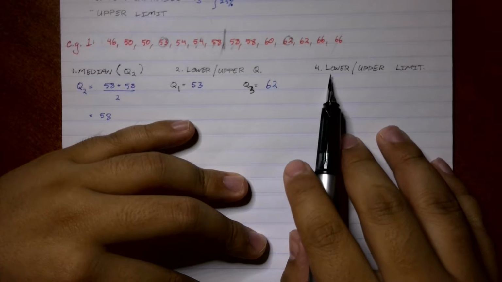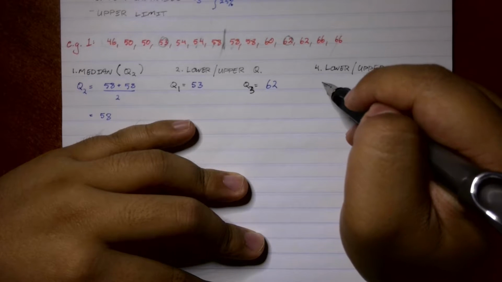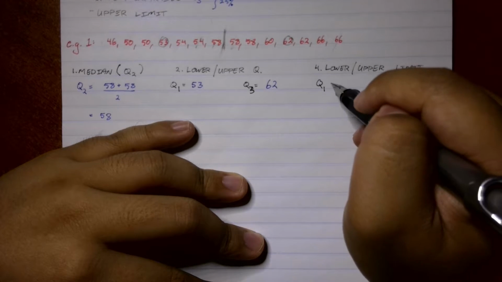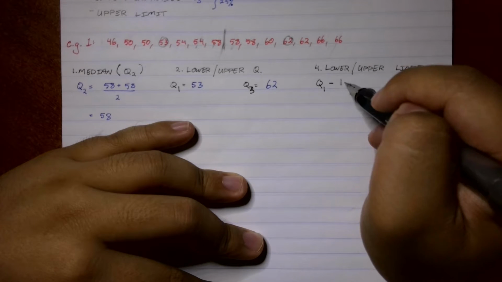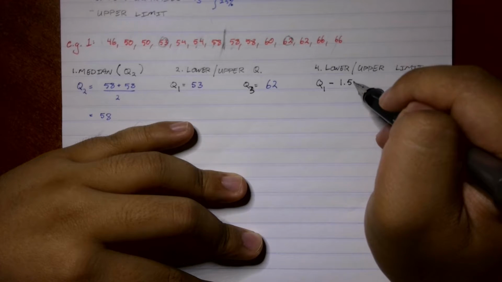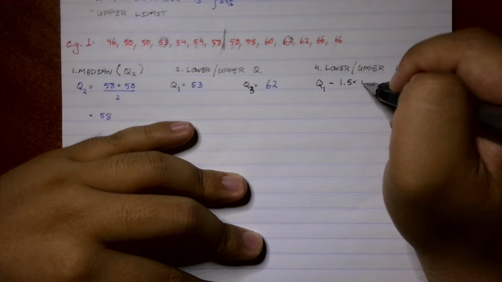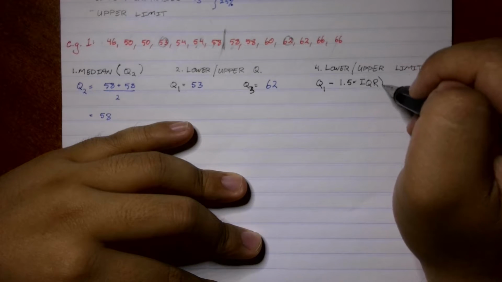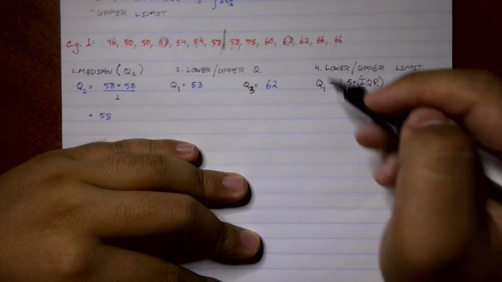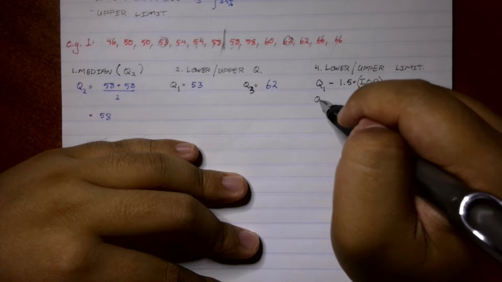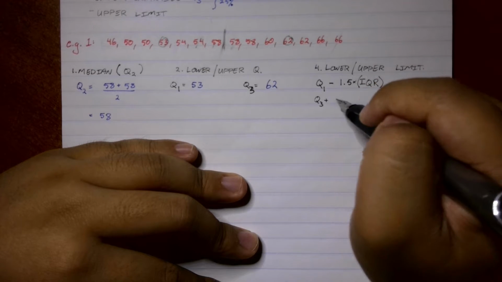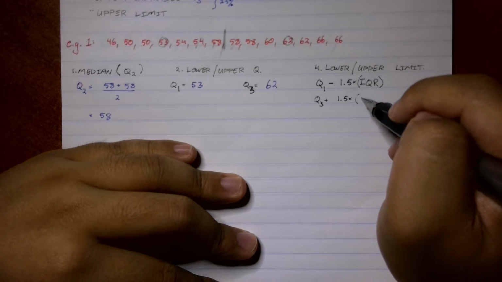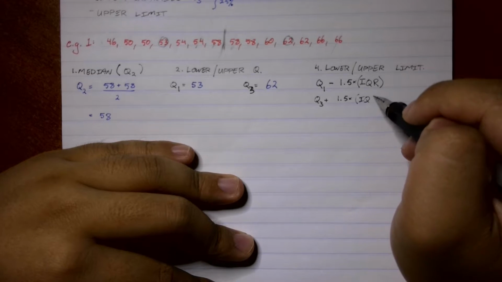The lower limit is calculated by taking Q1 and subtracting 1.5 multiplied by the IQR. And this is a special number you're going to see in a moment. And to get the upper limit, we take Q3 and we add the same value, 1.5 times IQR.